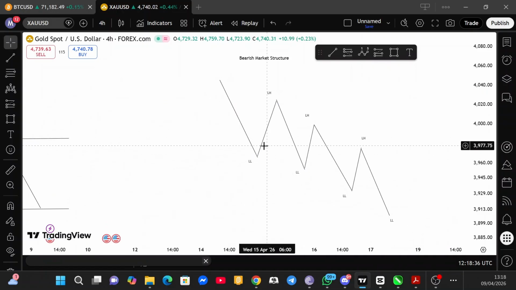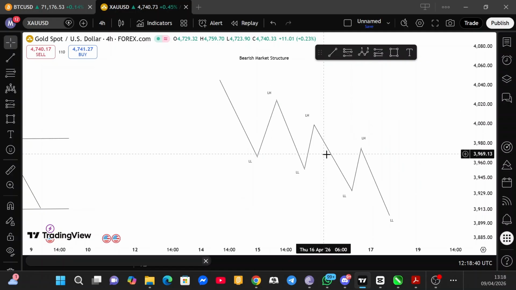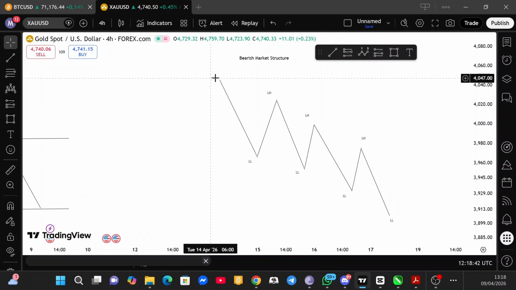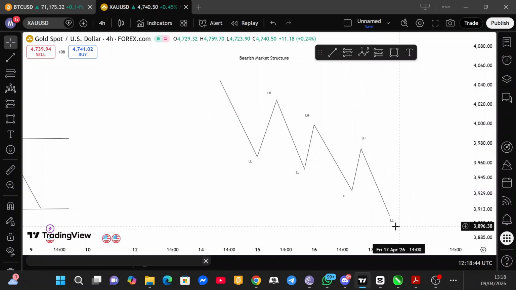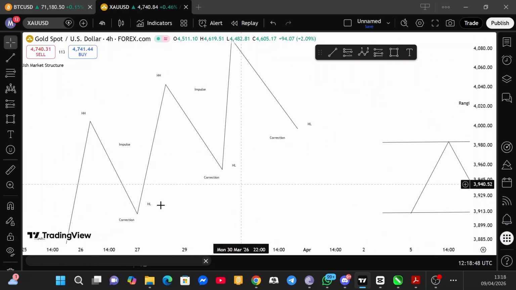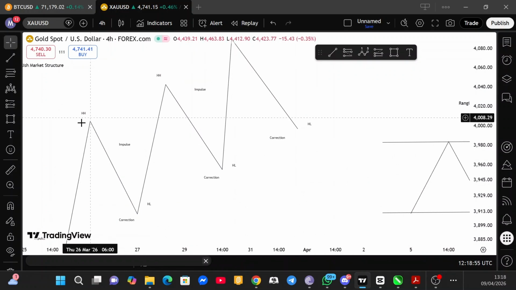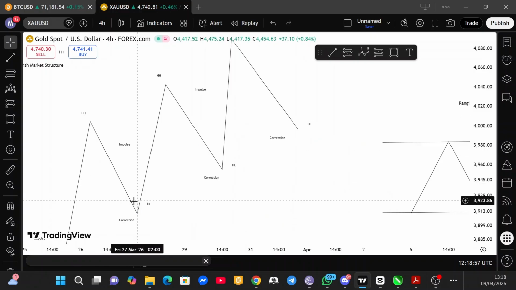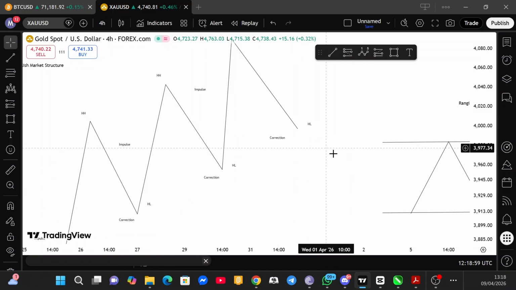We can look for temporary buying opportunities within these areas, but basically the market is moving from the top to the downside, while in a bullish market, the market is moving from the bottom to the upside. So we look for buying opportunities and temporary selling opportunities during the correction phase.